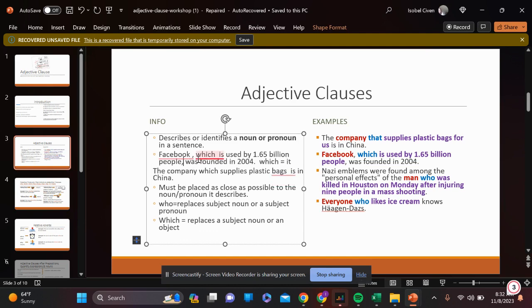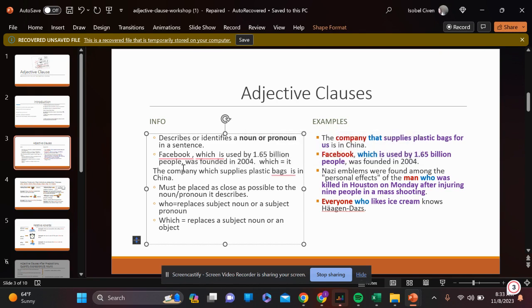You can connect the adjective clause to an independent clause. Remember that you always must put the adjective clause right next to the noun that it describes. And also, you need to always end the sentence with the main verb. Without the main verb, it's a sentence fragment.